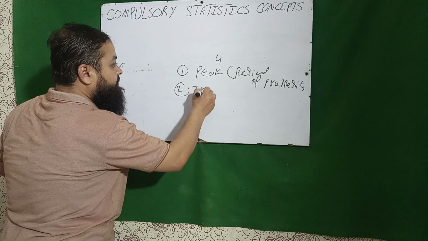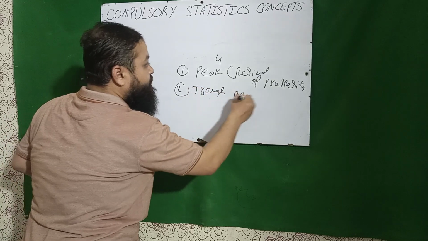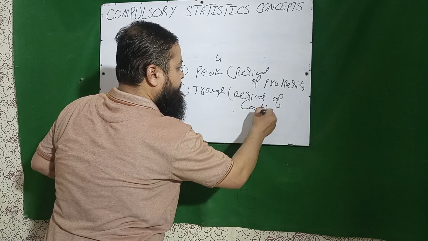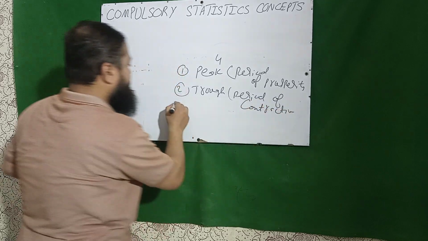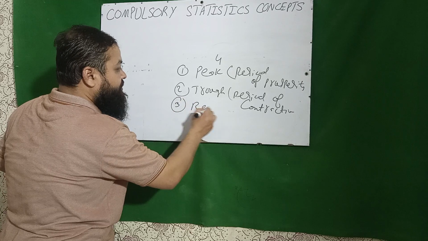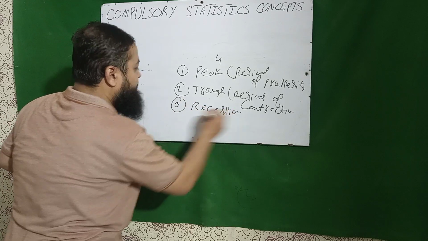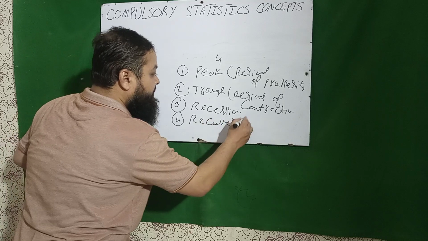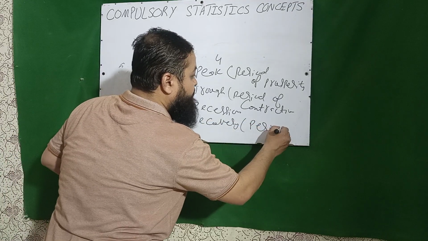Then we have trough, period of contraction. Number 3 we have recession or depression. Number 4 is recovery. It is also called period of expansion. A very important question.